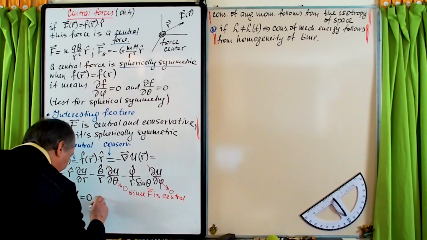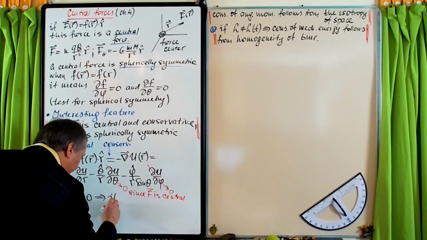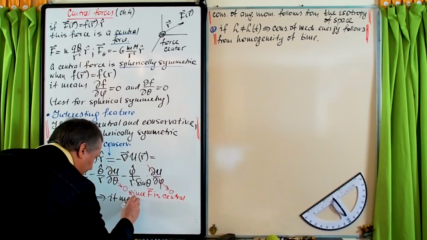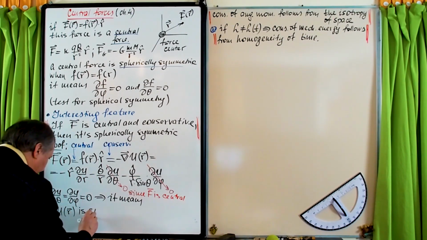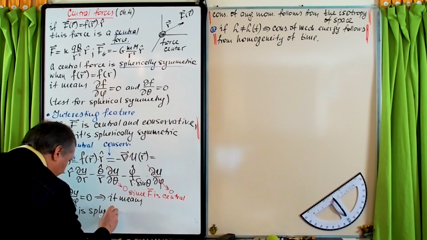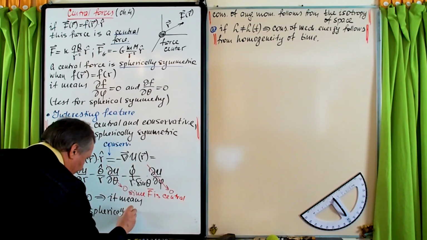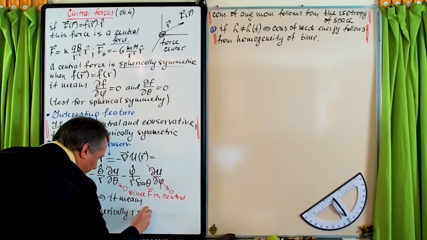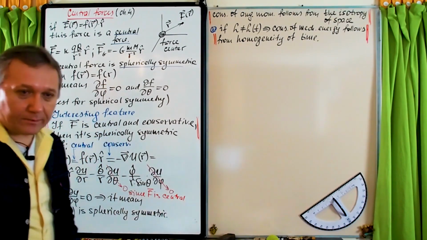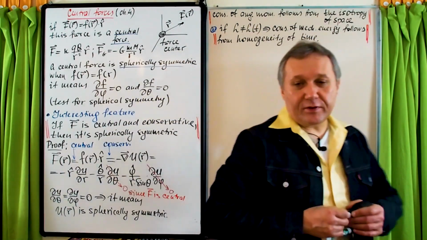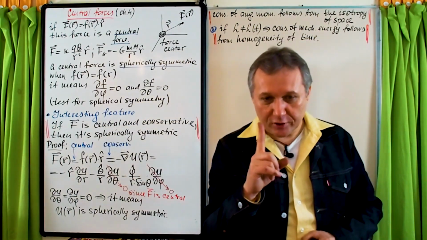So according to this, U is spherically symmetric. But again, it's the spherical symmetry of the potential energy.